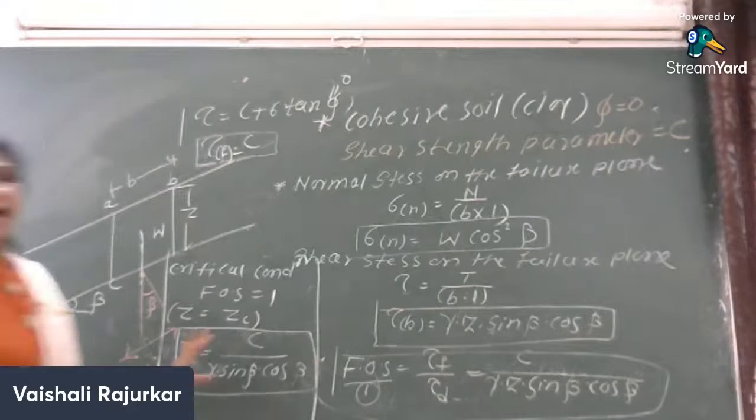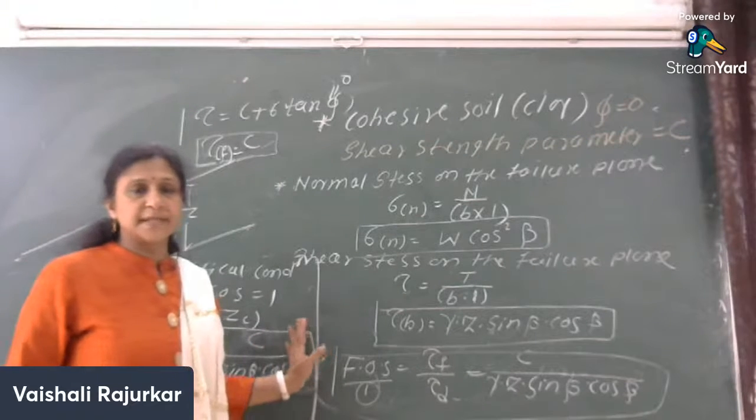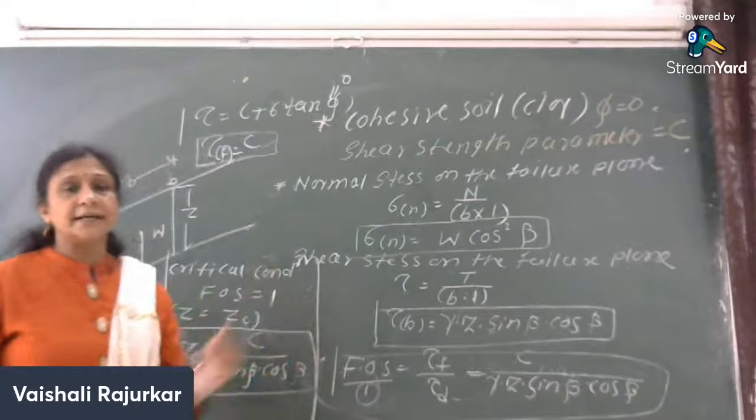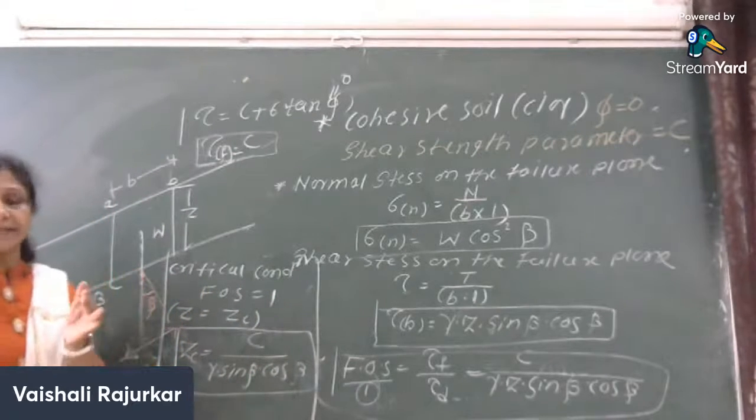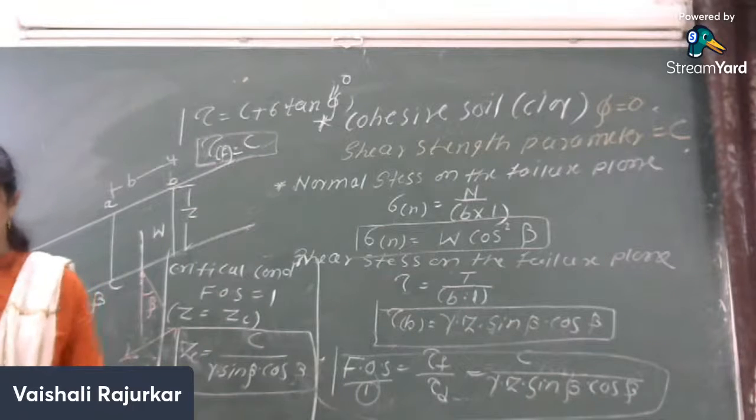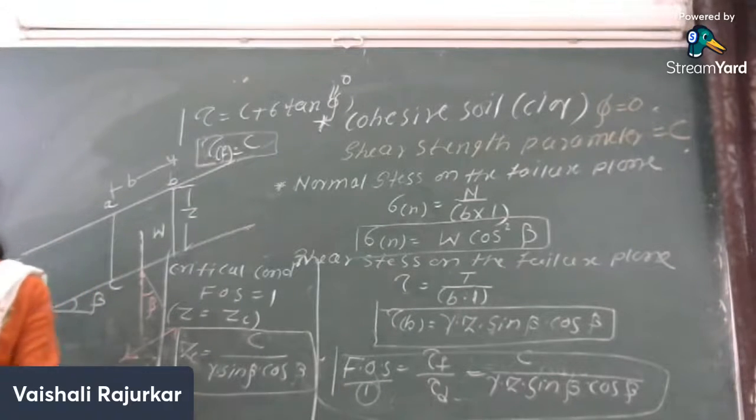Now here, as Z becomes ZC, that is the critical condition of the failure, there is another dimensionless parameter which we take into consideration, called the stability number.